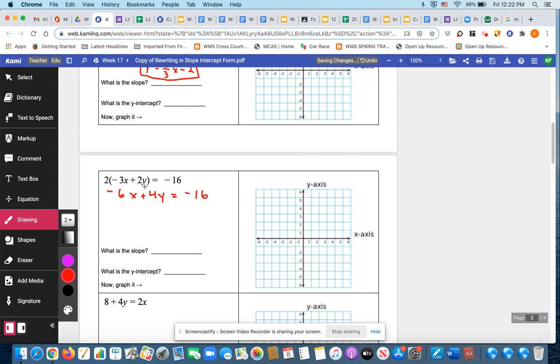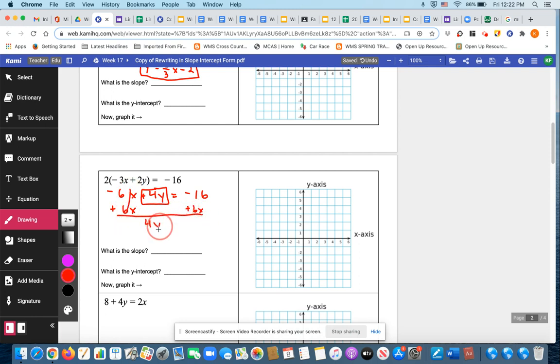Now, this is really not any different than the problems we did previously. We again are trying to get this y by itself. It's tied up with a negative 6x, so add 6x to both sides.